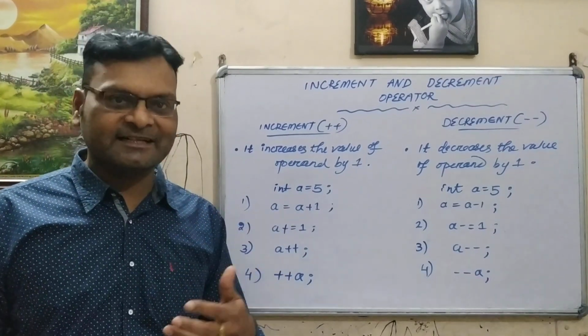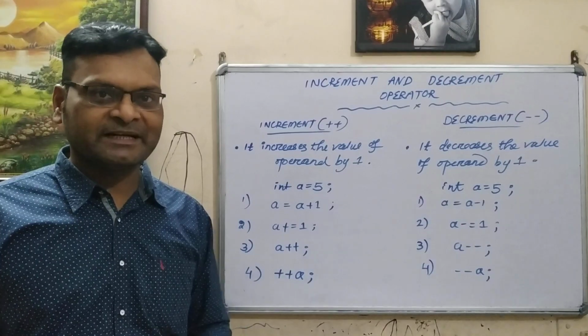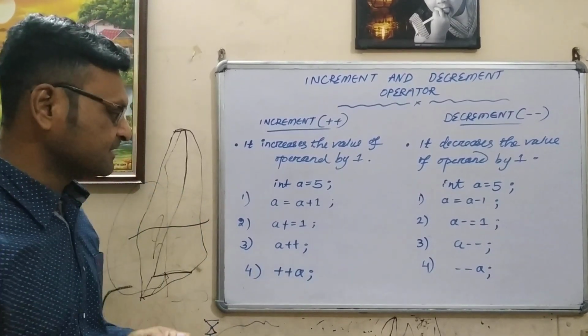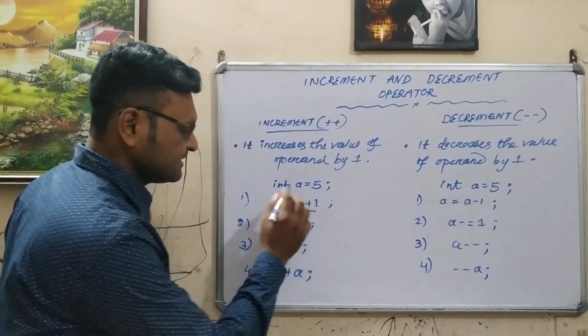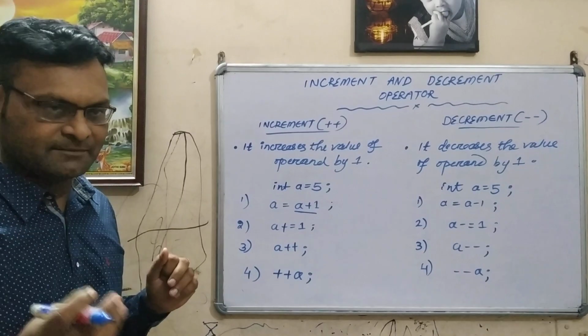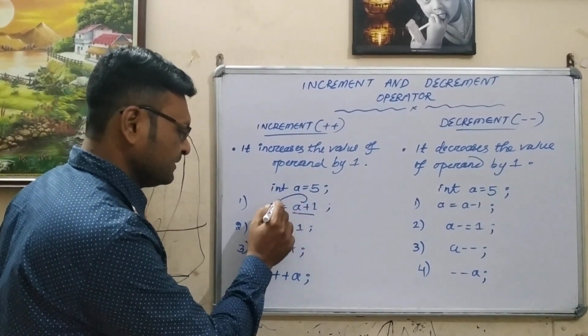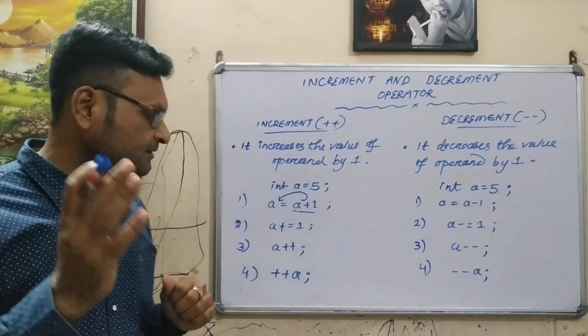This is the general process of increasing the value of an operand by 1, by 4, 5, anything you can increase. Now look at this side. a + 1, this is the RHS side, is evaluated first. 5 + 1, 6, that value is given to a. The value of a is becoming 6.